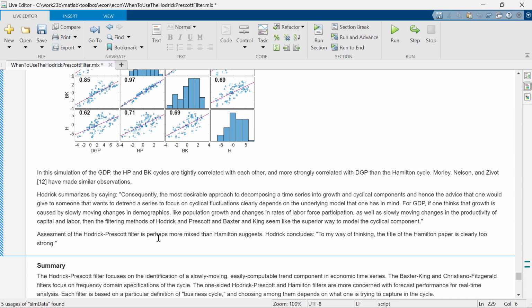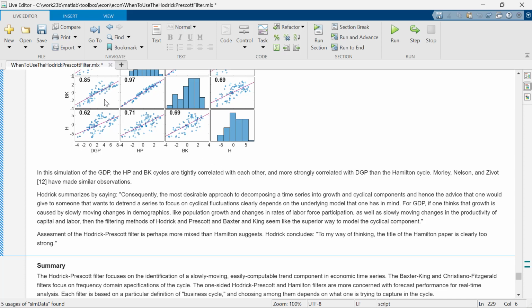For GDP, if one thinks that growth is caused by slowly moving changes in demographics, like population growth and changes in rates of labor force participation, as well as slowly moving changes in the productivity of capital and labor, then the filtering methods of Hodrick and Prescott and Baxter-King seem like the superior way to model the cyclical component.